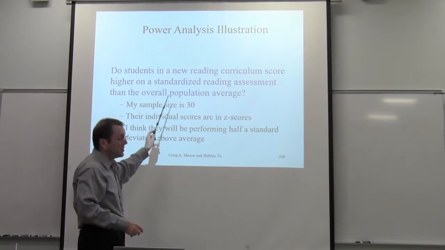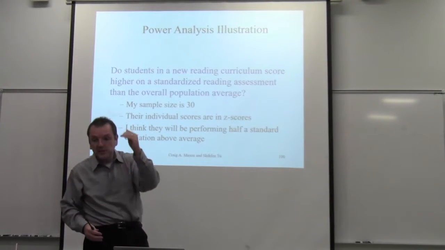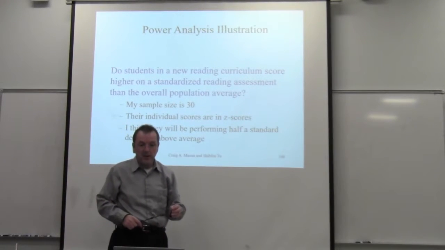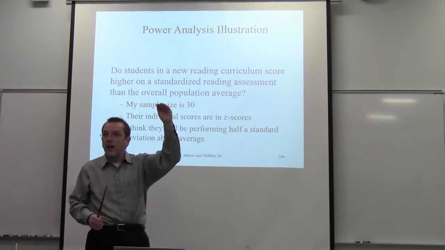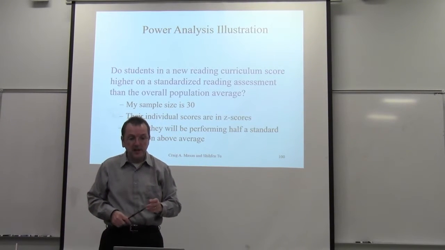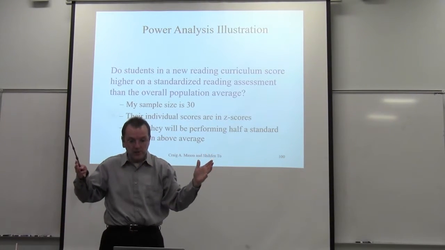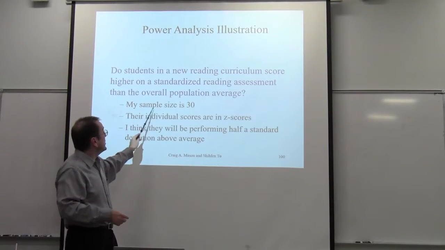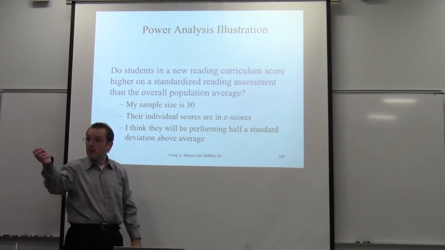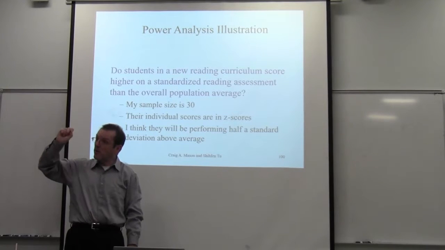So for this illustration, we're going to ask, do students in this new reading curriculum score higher on our standardized reading assessment than the overall population average? We're going to assume the sample size is 30. So this is like I'm writing a small grant.